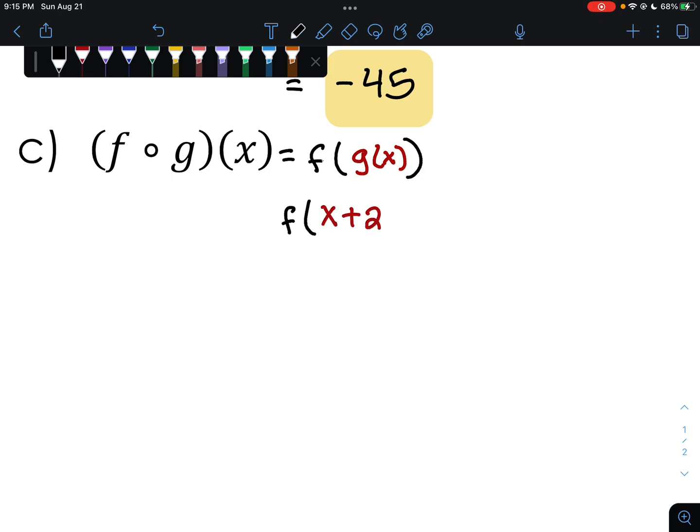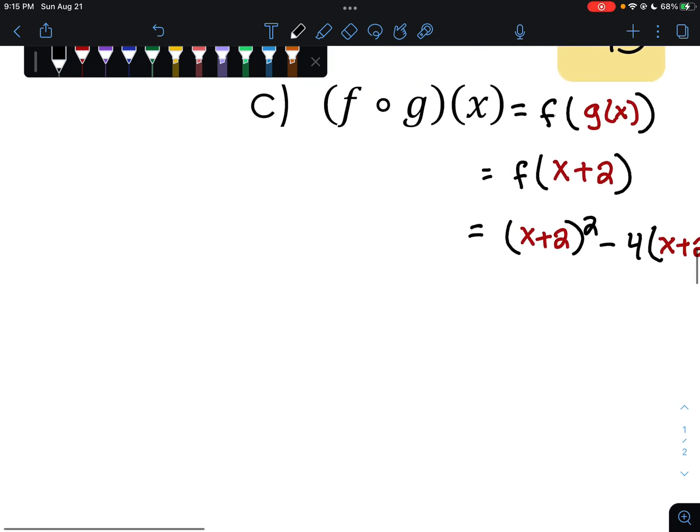So anywhere there's an x, we're going to replace it with x plus 2, which would be x plus 2 squared minus 4 times x plus 2 minus 45. So we need to expand.